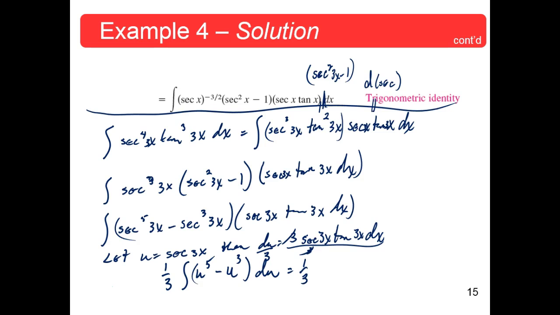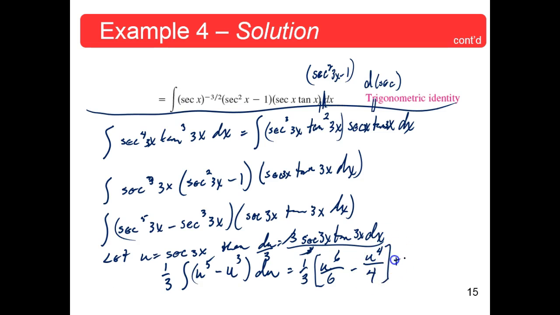Okay, I wrote down the 1/3 before she walked in. What's the rest of it? Over 6. Yep. Minus, oh, I mean u to the 4th over 4. Got it.